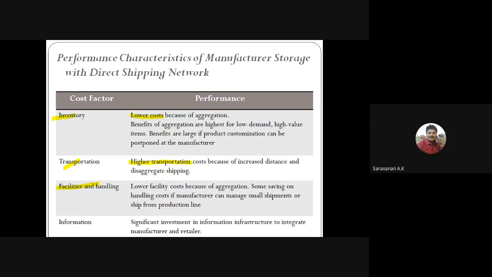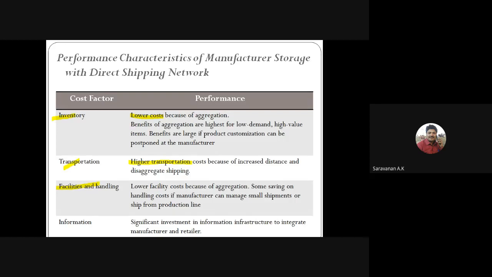So the intermediate stores we do not have to create, and thereby the facility costs are lower.